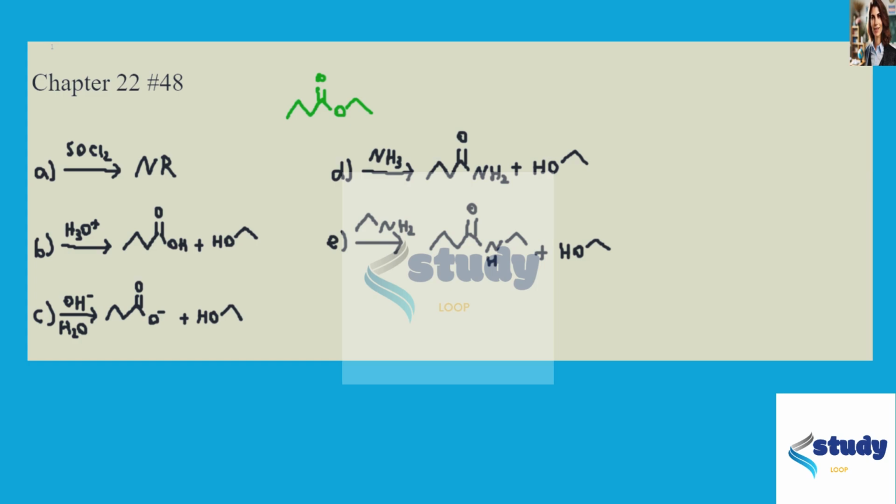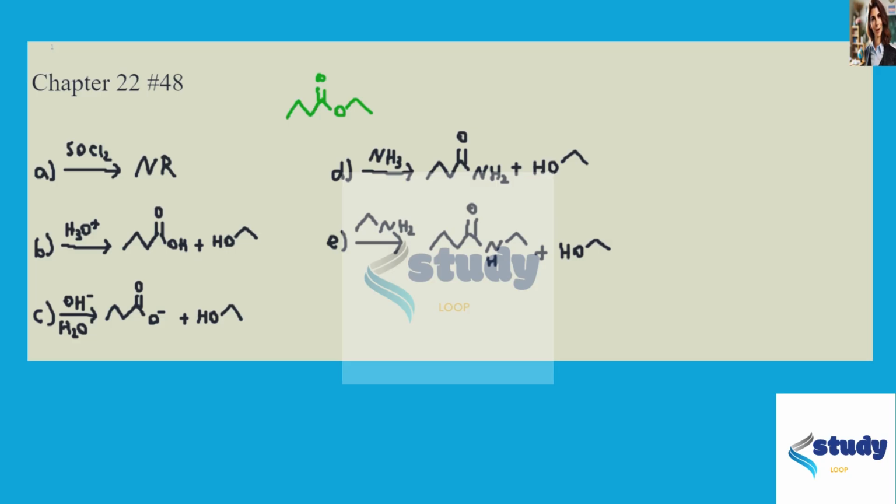For B, with an acid, remember that we're going to protonate the oxygen of the carbonyl, the double bonded oxygen. Then another water molecule floating about in the solution will nucleophilically attack the carbonyl carbon, which is now extra electrophilic because that oxygen has been protonated.